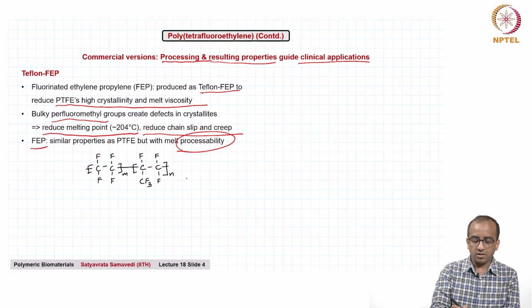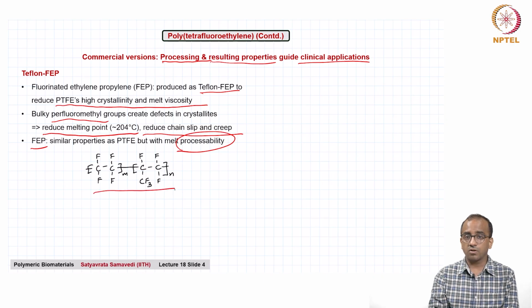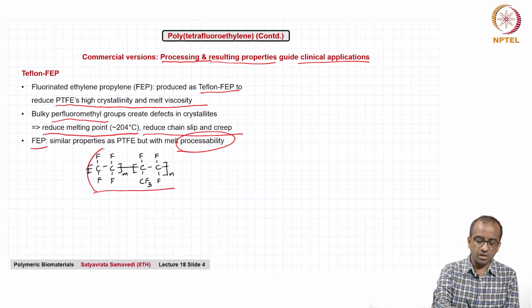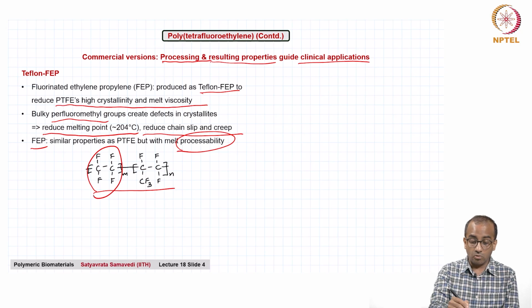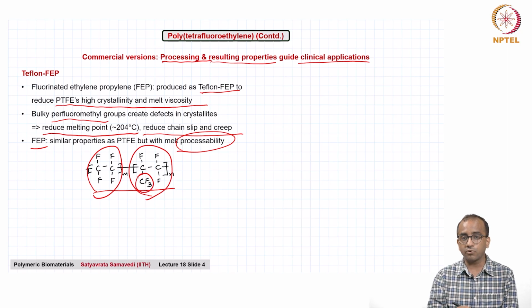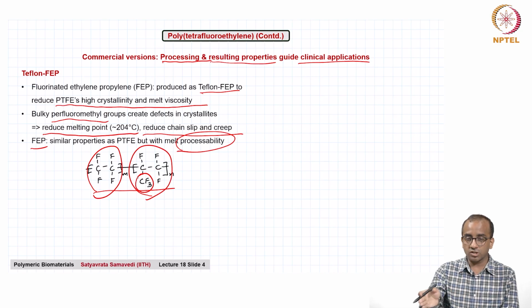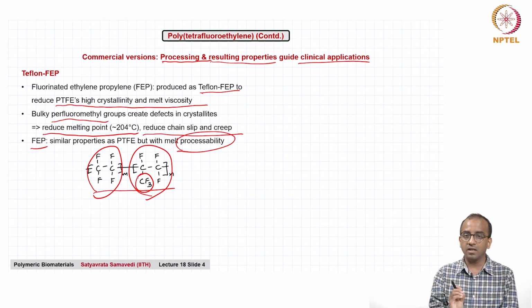And of course, shown here is the structure of Teflon FEP, where you see the traditional group that is there, plus the introduction of perfluoromethyl groups at occasional points, which will disrupt the ability of chains to pack very tightly, resulting in a lowered melting point, better processability, lowered viscosities, etc.